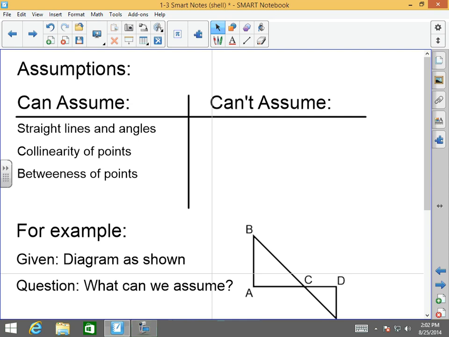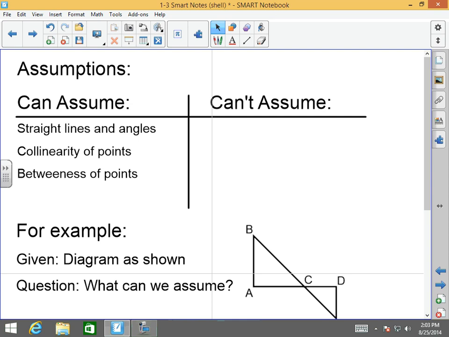If you can assume collinearity, you can assume betweenness. Why does that make sense? Because if points are not collinear, they cannot be between. So you can assume betweenness as well.